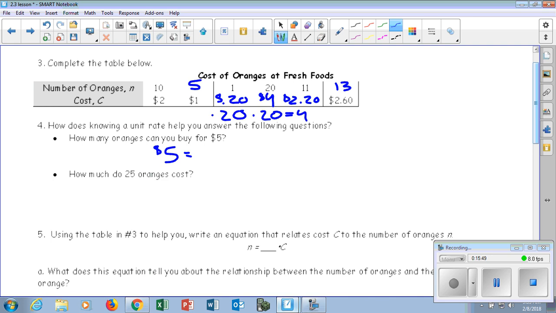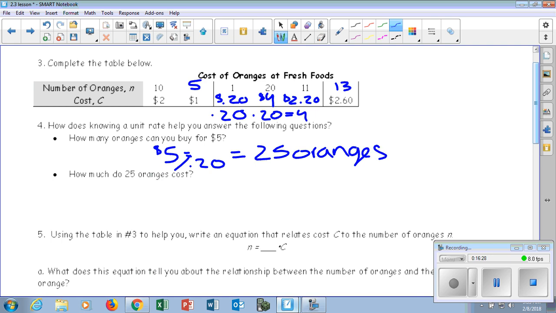How do we calculate that, Ava Demers? Divide this by 0.2, and you would get what? So $5 divided by 0.2, because the price of one orange again is 20 cents, that would give us 25 oranges.